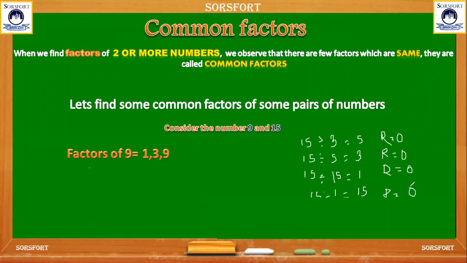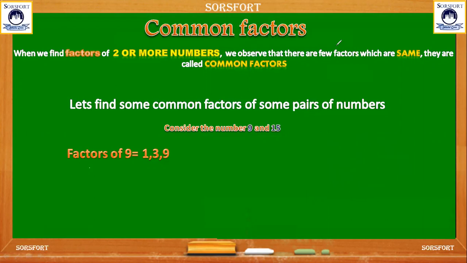So 3, 5, 15, 1 are factors of 15. Factors of 15 are 1, 3, 5 and 15.